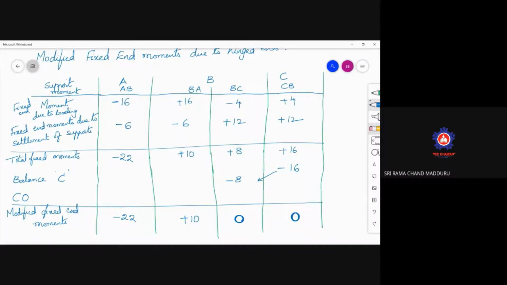Here we can stop the problem without going to Kani's method if the joint condition is satisfied. This is plus 10, that is not 0. The joint condition is not satisfied at joint B. Now, considering the rotational moments, we will do the iterations through the iterative process. We will calculate the moments so that the joint will be balanced here.